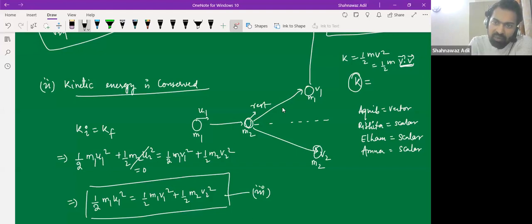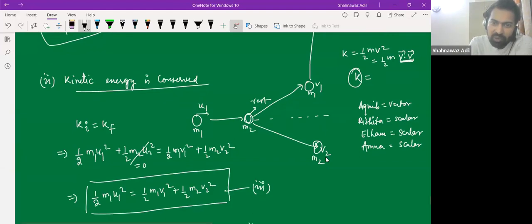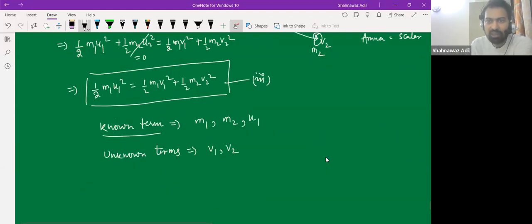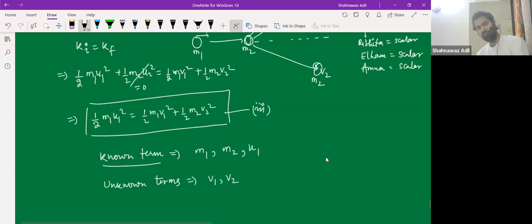So V1 we don't know, V2 we don't know, and do we have any other things that we don't know? Just check the first and second equation and tell me, do we have any other unknown quantity?